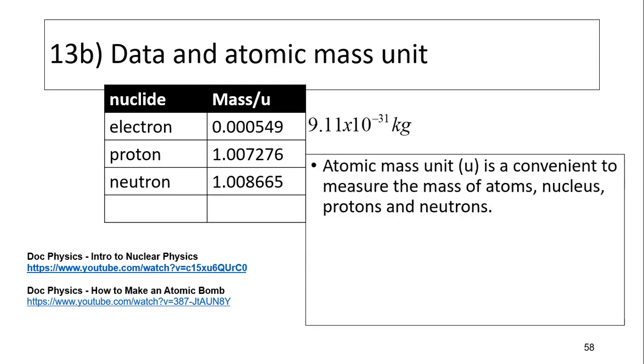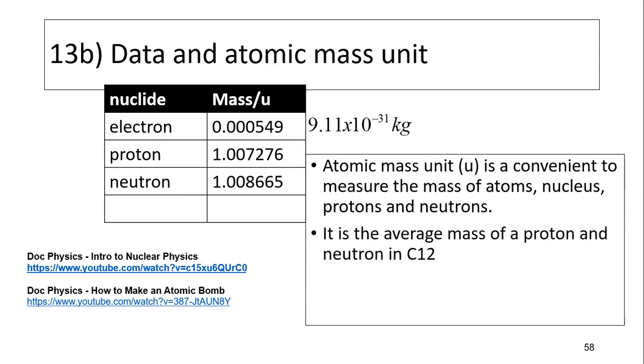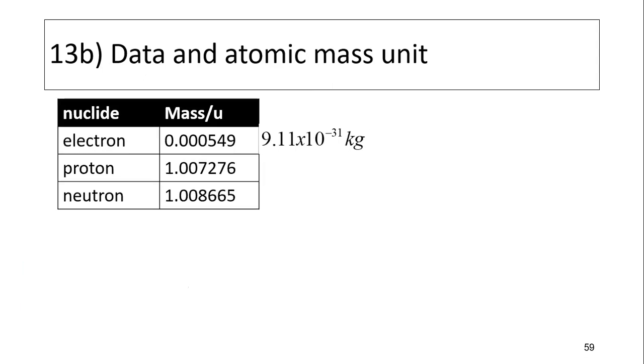Atomic mass unit is convenient to measure the mass of atom, nucleus, proton, and neutron. We don't want to always write 10 to the power minus 31 or 10 to the power minus 27 for electron, proton and neutron. So remember, your atomic mass unit is the average mass of a proton and neutron of C12 in the carbon.